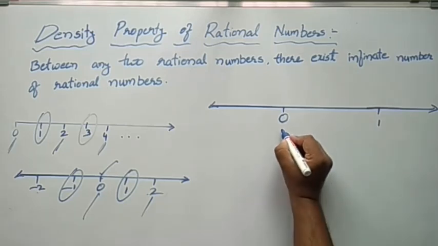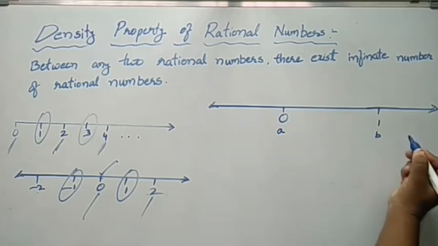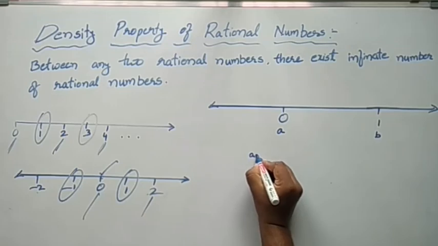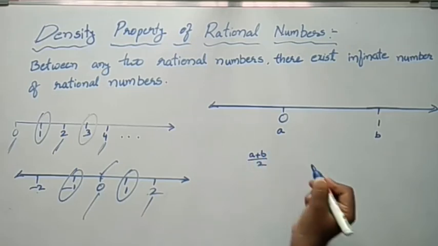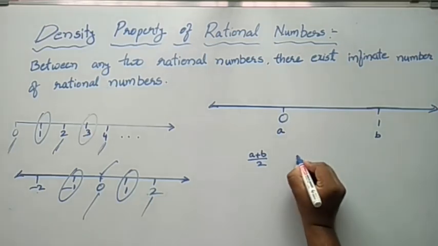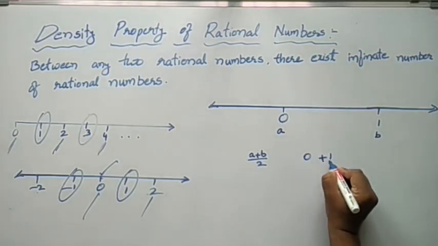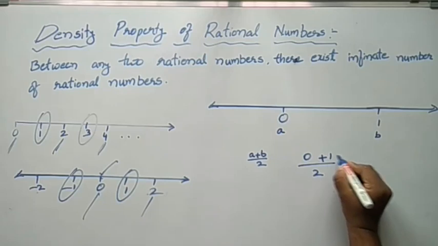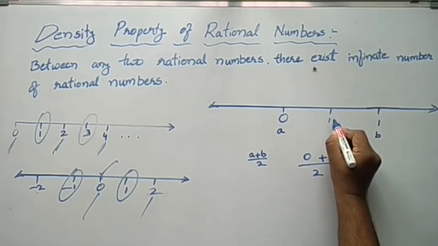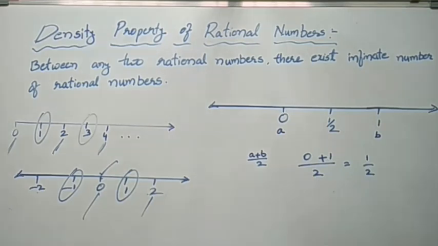See here, if this is A and this is B, the in-between number I need is A plus B divided by 2. Now here it is 0 plus 1 divided by 2, that equals 1 by 2, so it will come here, 1 by 2.